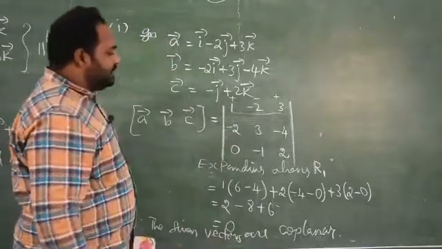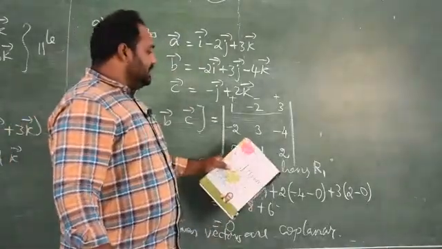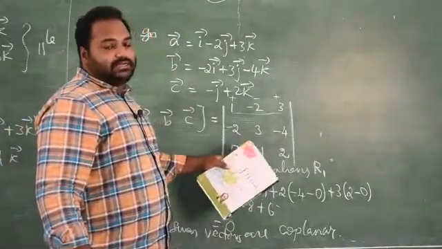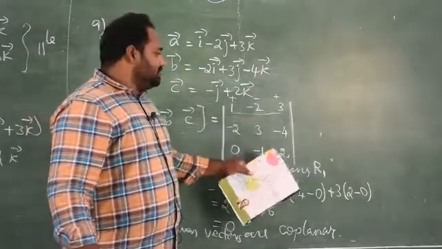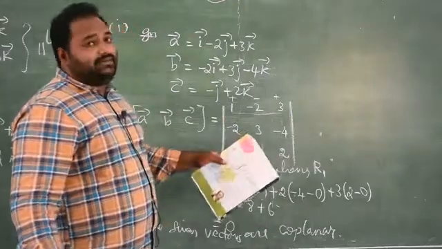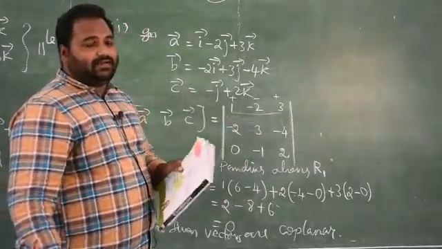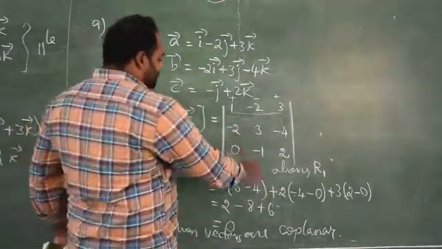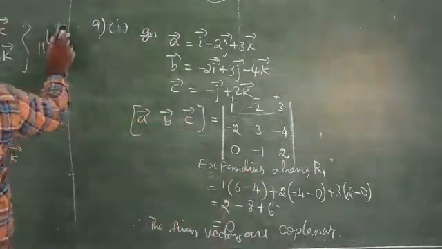We have several methods. This is one method, but this method is not given in the book. But you can do this method. You will get the marks. Otherwise, we can use a linear combination. But this is easy for you to prove coplanar.